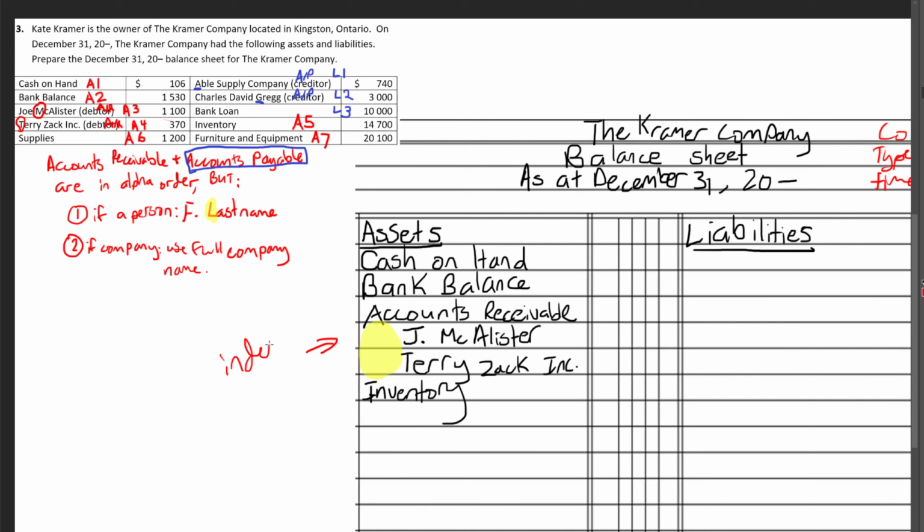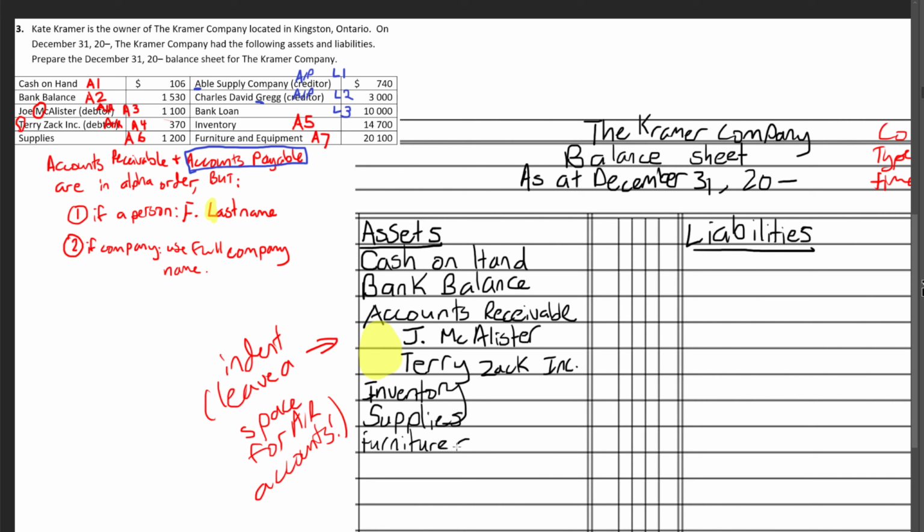This was an indent, or leave a space, for AR accounts. Okay. So inventory was next. Check. Supplies is after that. And then furniture and equipment rounds it out.